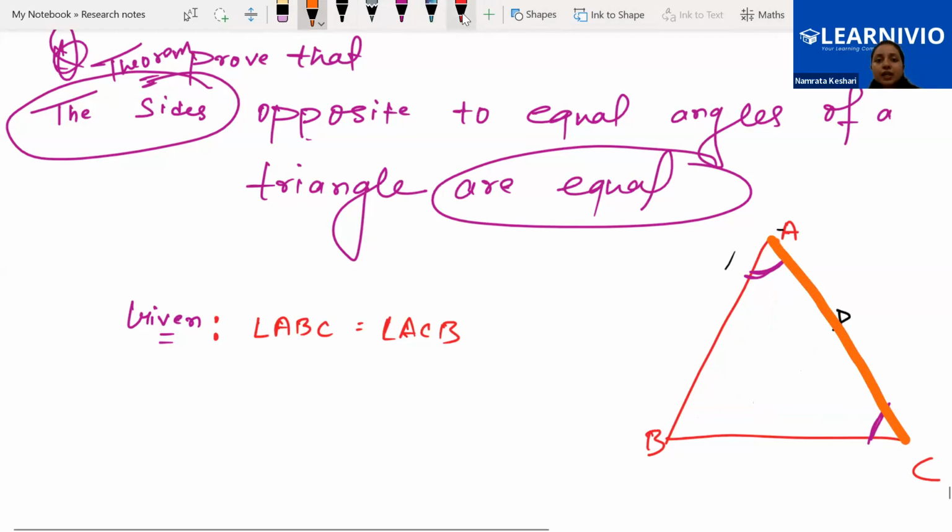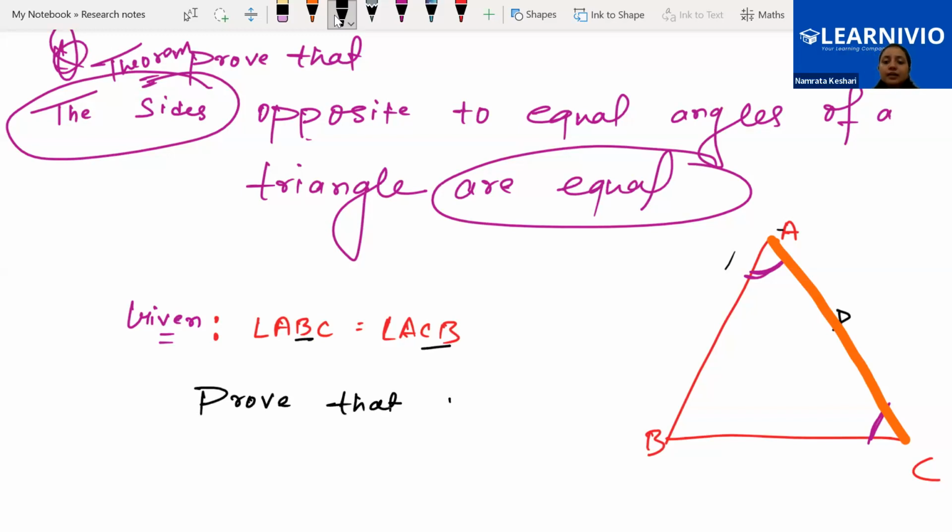Because this will not create any confusion and we will be on the safer side. If the question is not trying to confuse us, then we will not get confused by ourselves. We will just go the straightforward way. Angle B and angle C are the same, and we have to show that AB is equal to AC. Okay.